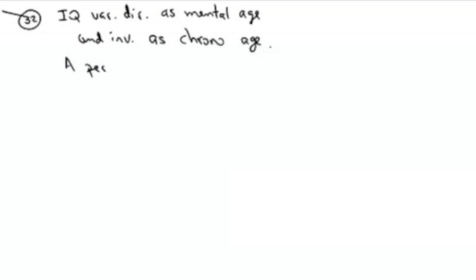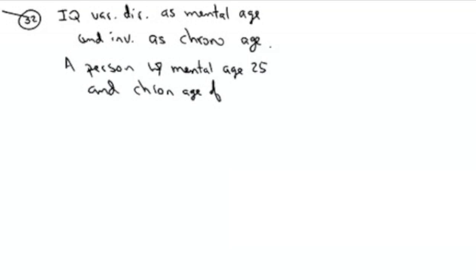A person with mental age 25 years old and a chronological age of 20 has an IQ of 125.